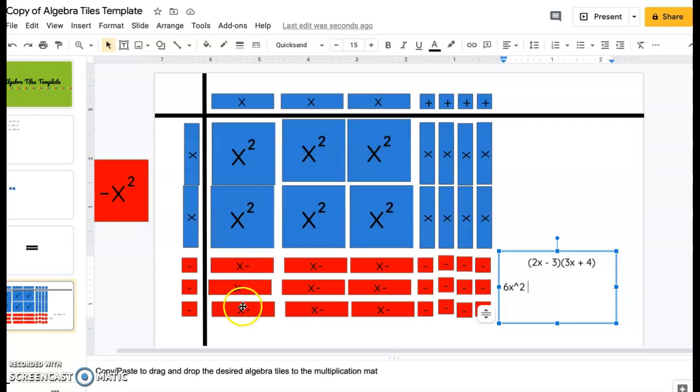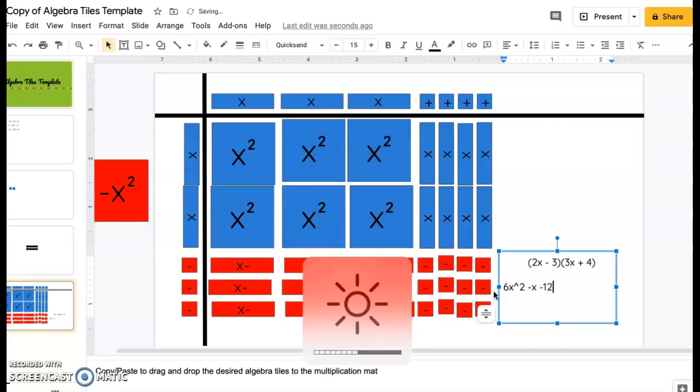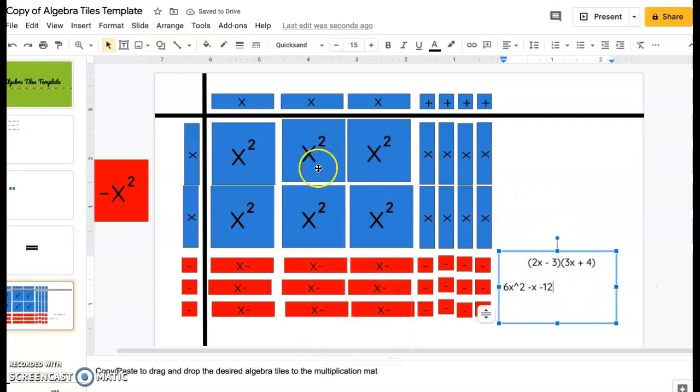So there's 1, 2, 3, 4, 5, 6, 7, 8, 9 negative x's, and 1, 2, 3, 4, 5, 6, 7, 8 positives. So that leaves 1 negative x. So minus x. And there's only negative ones, so we'll count up our negative ones. Oh, actually, it's 1, 2, 3, 4 by 1, 2, 3, meaning that is going to be a negative 12. And there we go.